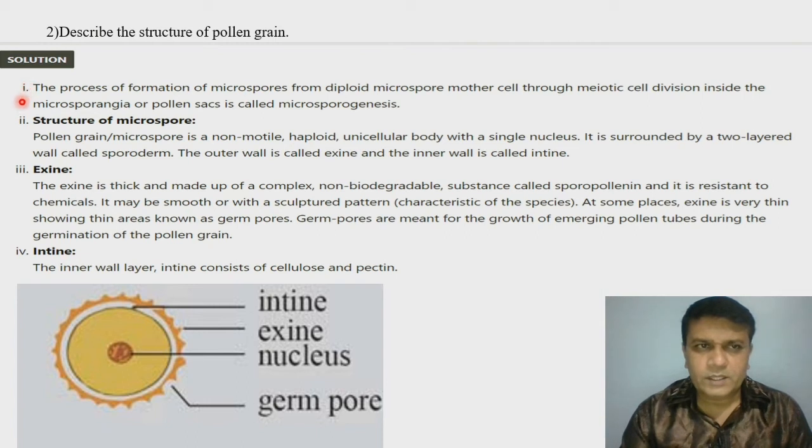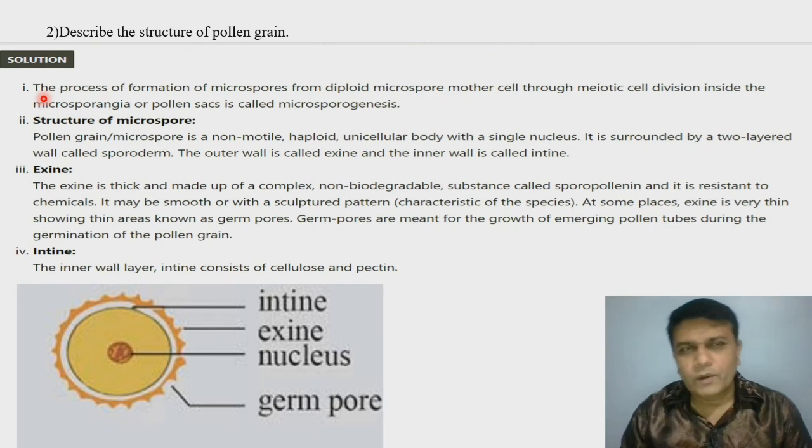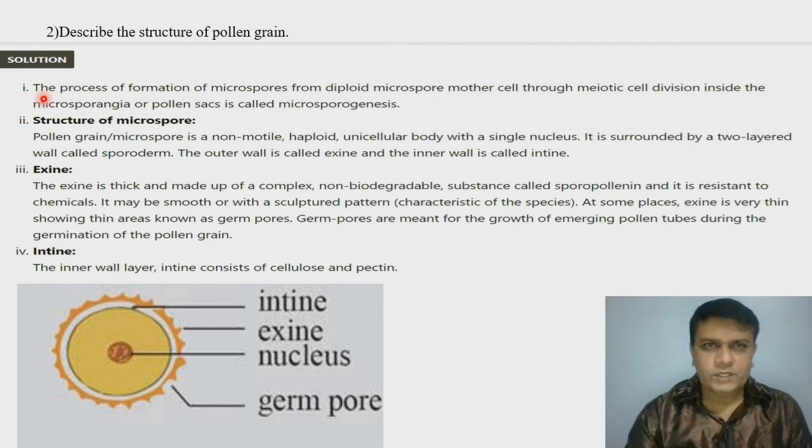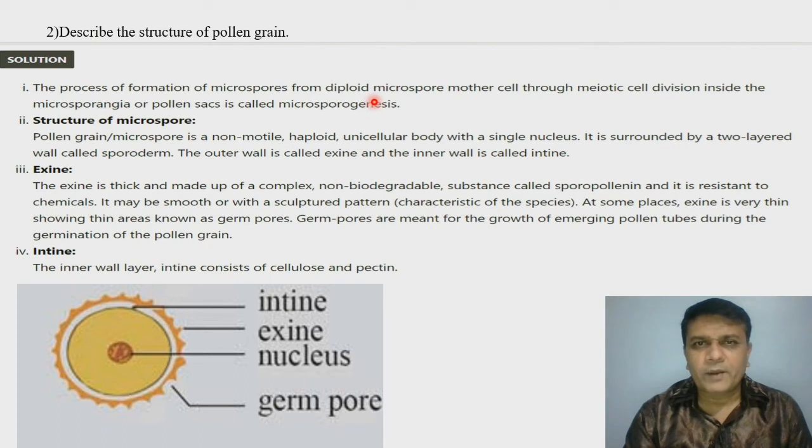Here we can see 4 points. Now the first point is regarding the process of microsporogenesis. It is the process of formation of microspores or pollen grains from diploid microspore mother cells through meiotic cell division inside the microsporangia.